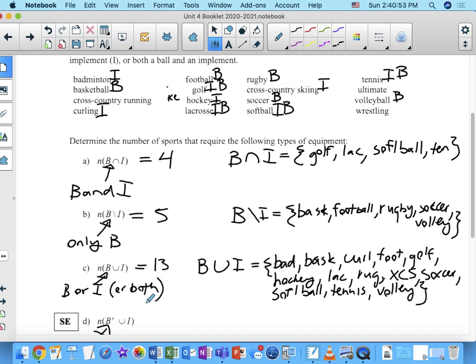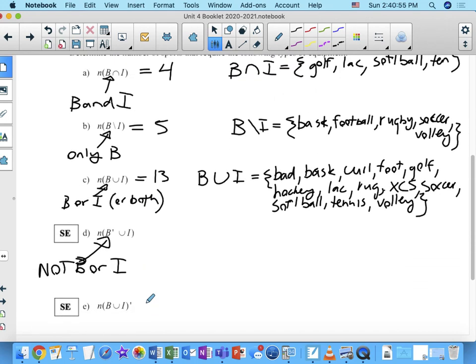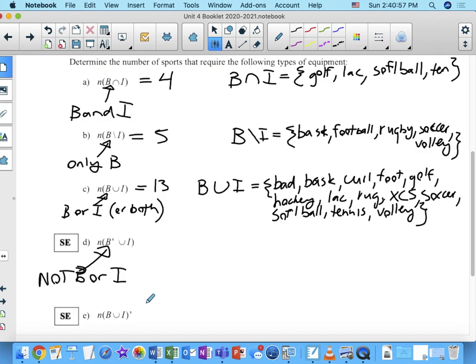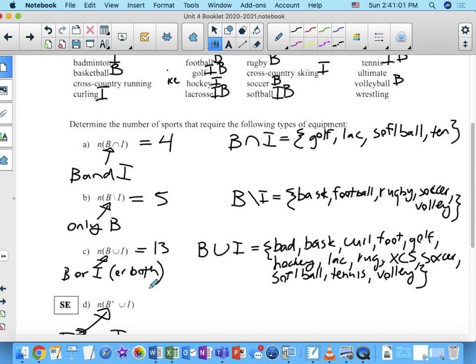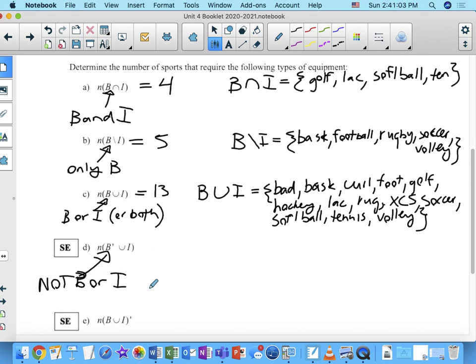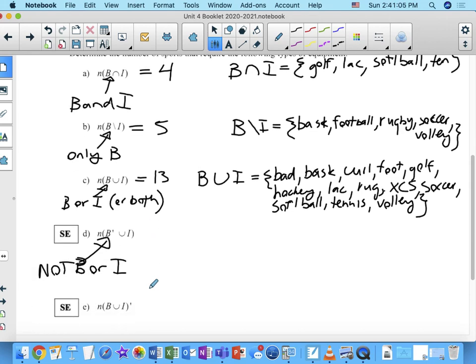Okay, so we're looking basically for not B or I, which is anything that looks like this. It could have nothing, because that's not B. It could have an I, or it could have a BI.